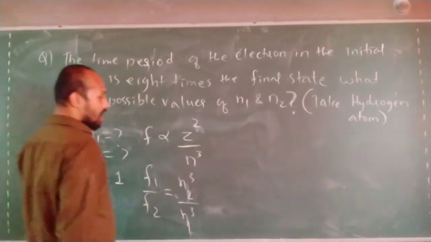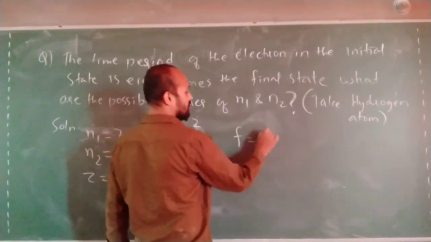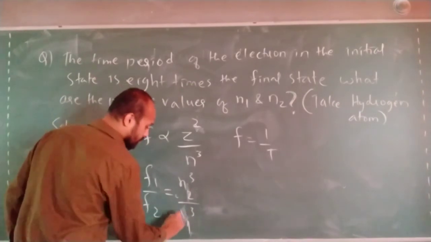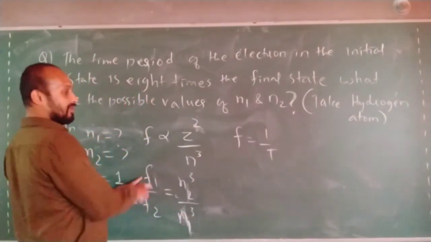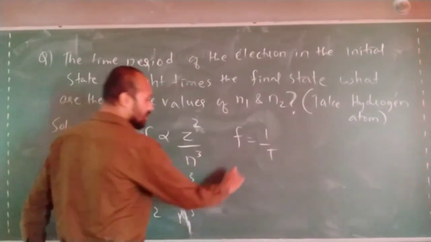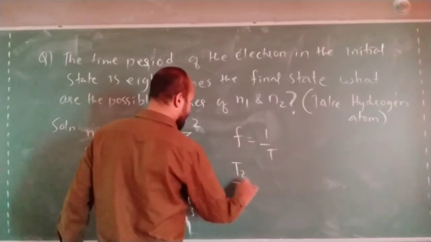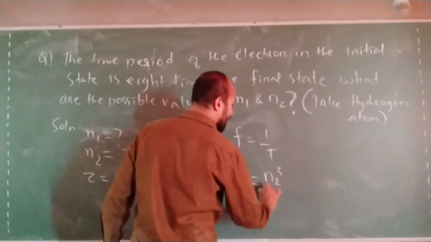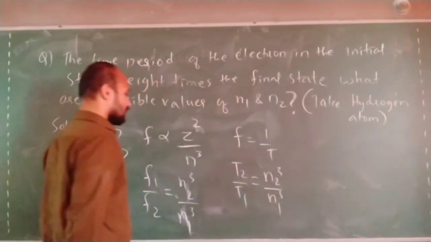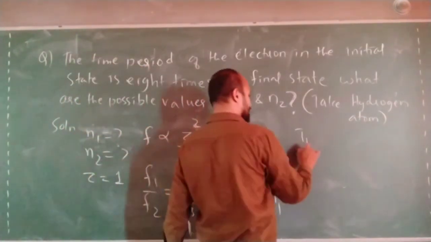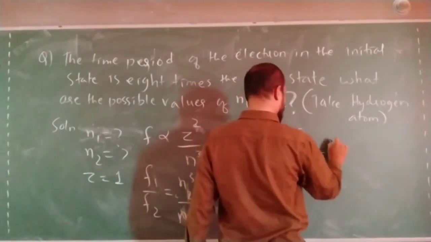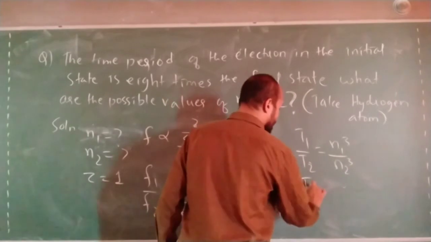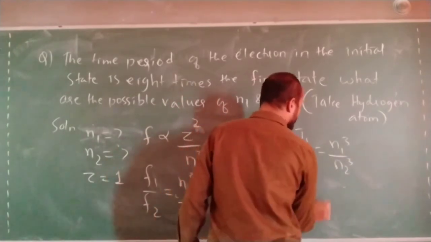Or as we know, f is 1 by t. 1 by t means again this ratio will reverse. I can write t2 by t1 is equal to n2 cube divided by n1 cube, or t1 divided by t2 will be equal to n1 cube divided by n2 cube. So what is the value of t1 and t2?